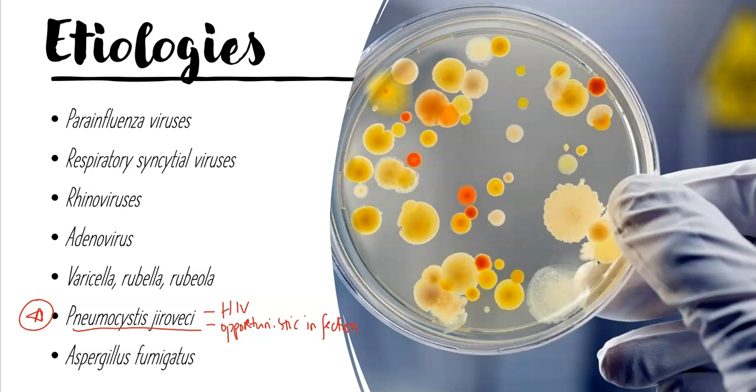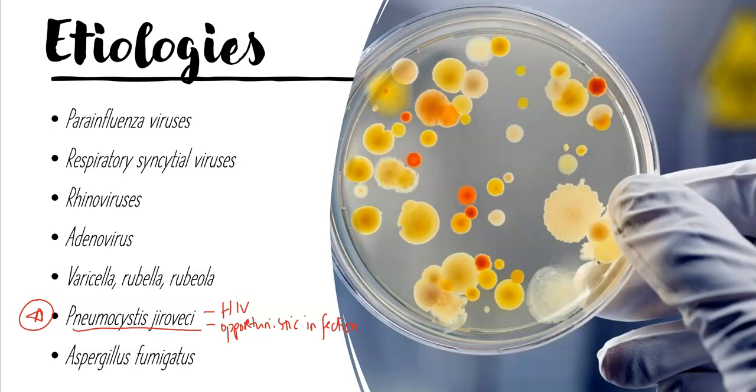Kaya kasi opportunista siya eh, para hindi siya mamatay kaagad ng immune system mo, di pipiliin niya yung mga immunocompromised na clients katulad ng HIV or patients who have cancer or patients who have your burns. Anybody who has your compromised situation, your opportunistic infection such as your pneumocystis jirovecii loves that particular type of situation.